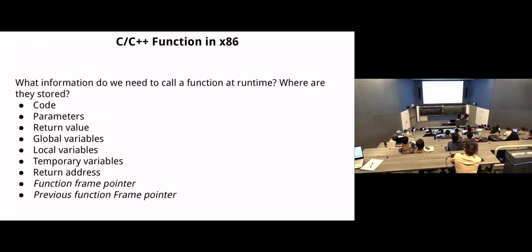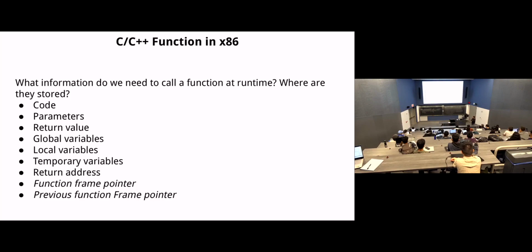To understand how buffer overflow works, especially stack-based buffer overflow, we first look at how a C function, and a C++ function, works. What kind of information do we need to call a C function? As a C developer, what information do you need? You need to know the name of the function. The name of the function is actually the address of the function.